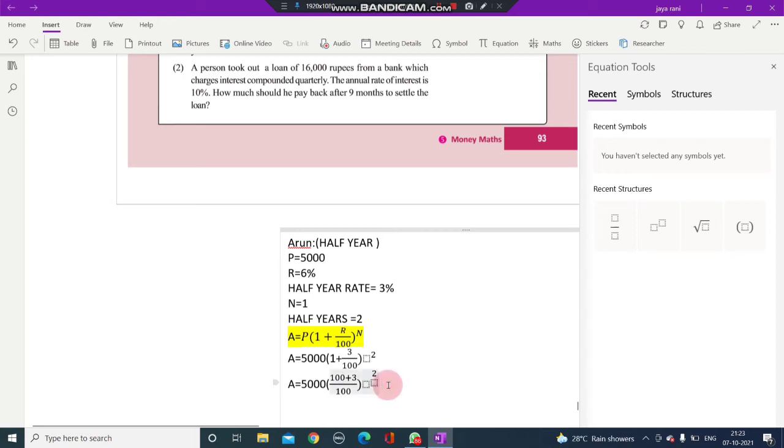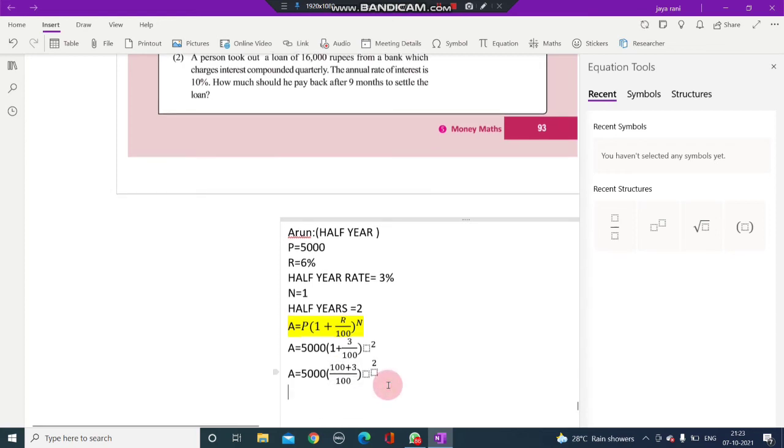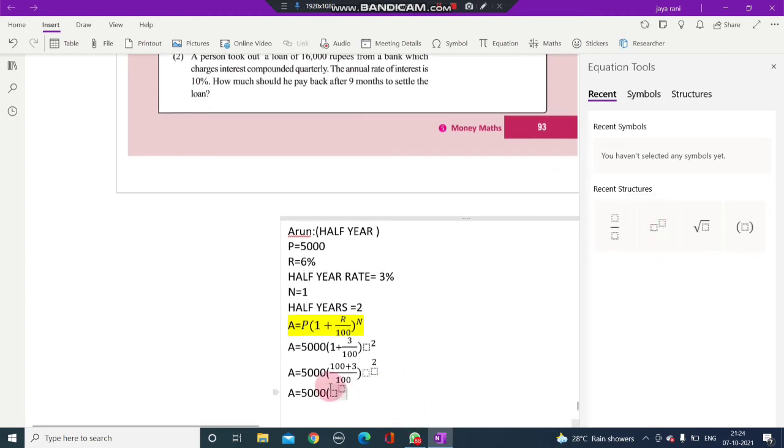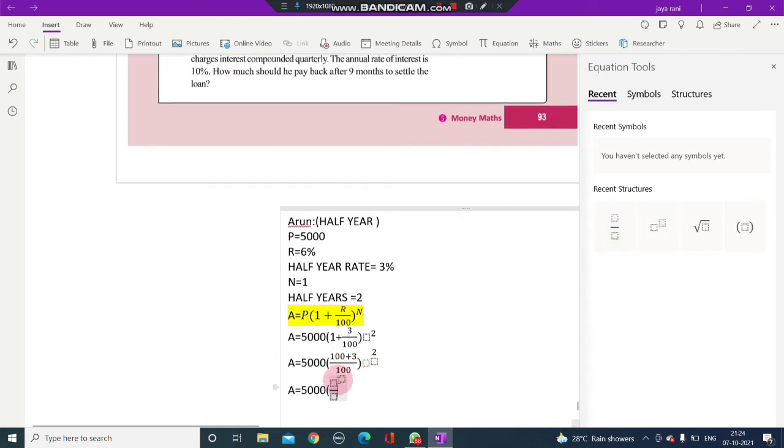Now we are going to calculate that also. A is equal to 5000 into, what about 100 plus 3 by 100? That is equal to 103 by 100, the whole square.